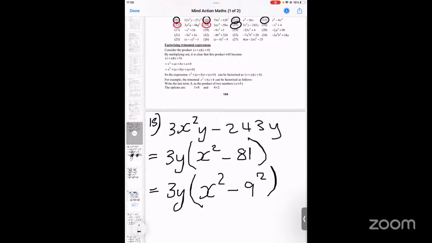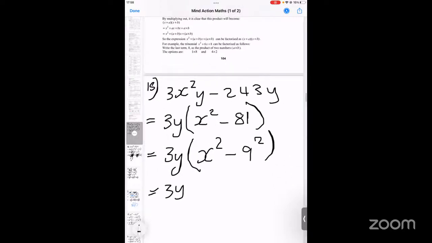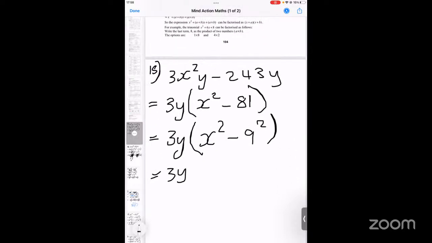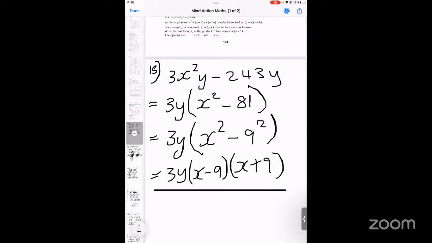And I said 3y, bracket x minus 9, close bracket, open bracket, x plus 9. Yes, yes, yes. This is exactly how you work it out, Gracie.